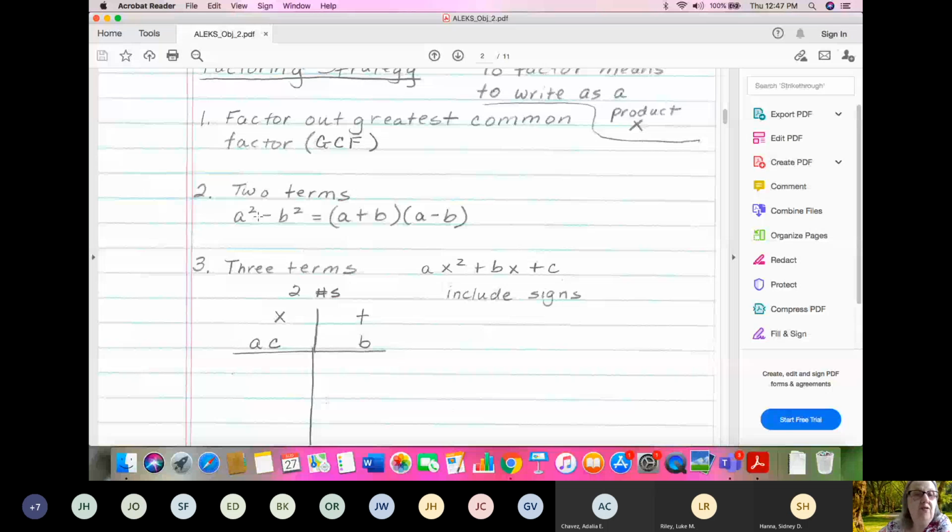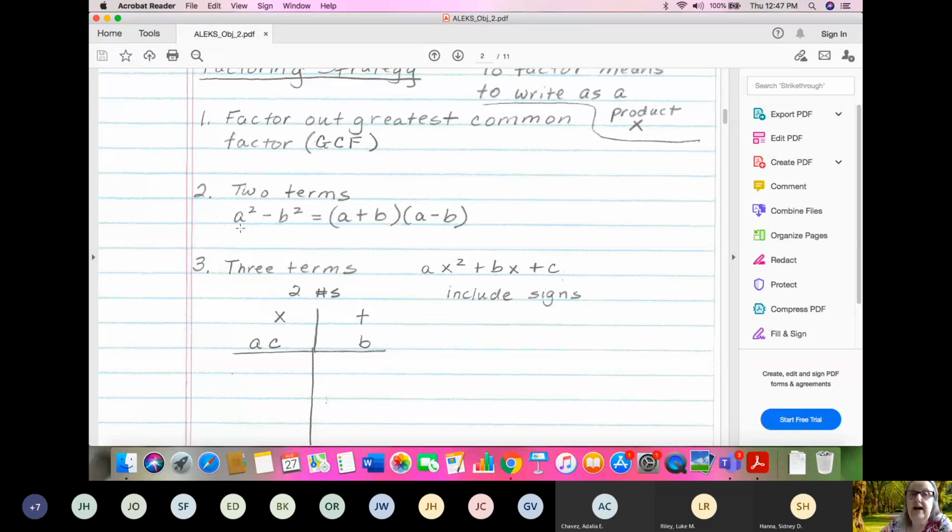There are different ways to factor this, but we actually have a formula for it. If you have a number or a variable squared, minus a variable or a number squared, and you have nothing else, nothing out here, nothing out there, you can use this formula to factor that expression.